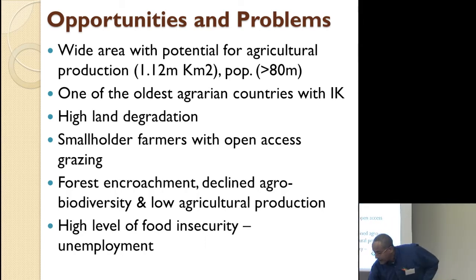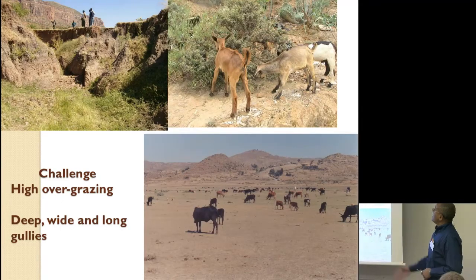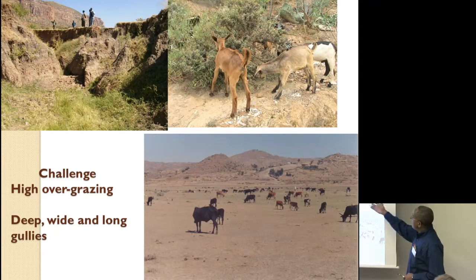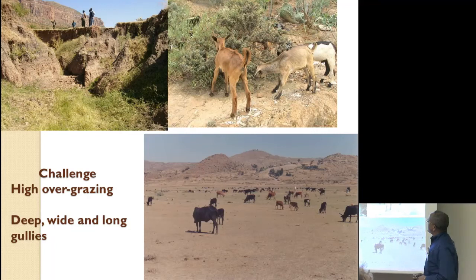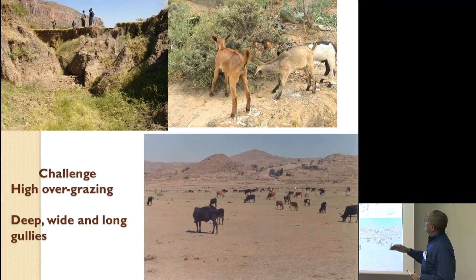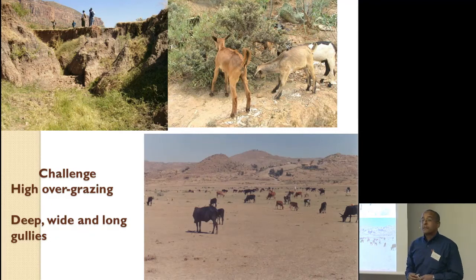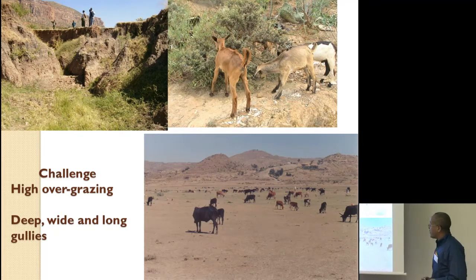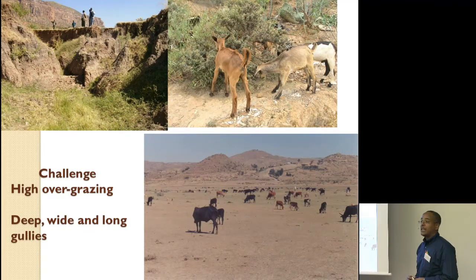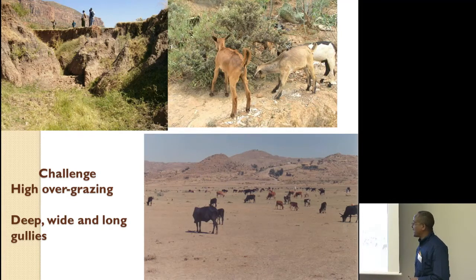Therefore, this is the scenario. They told me this did not exist 30 years ago. Now it is open, wide, and deep. This is how most of the northern Ethiopia landscape looks, where there is no grass and there are too many animals.